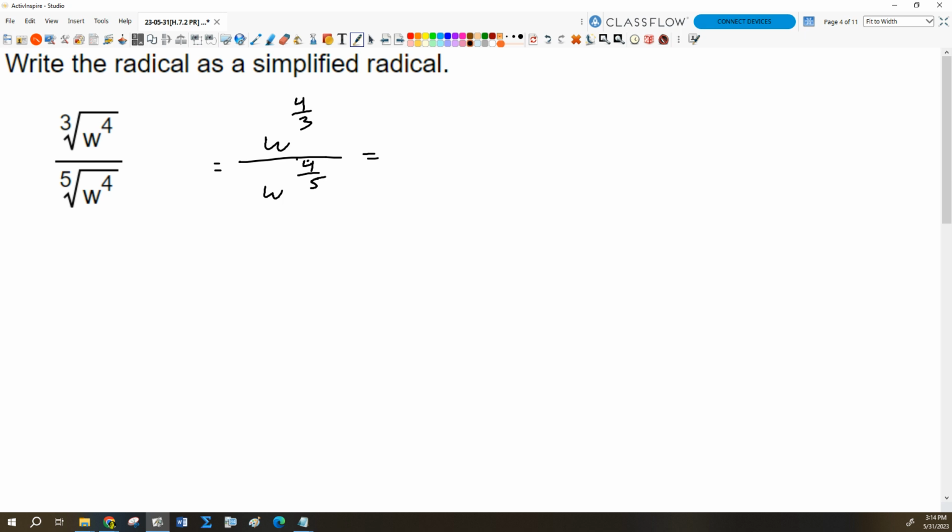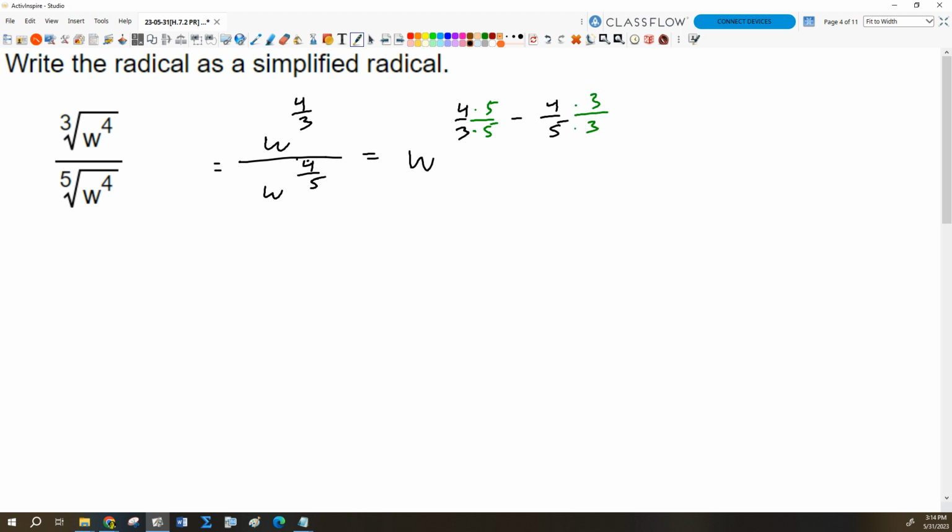Okay, what's my property of exponents that I would apply if I'm dividing powers with like bases? Subtract the exponents. So we get W to the 4/3 minus 4/5. What's my common denominator this time? 15. So I'm going to multiply top and bottom by 5 here and by 3 there.